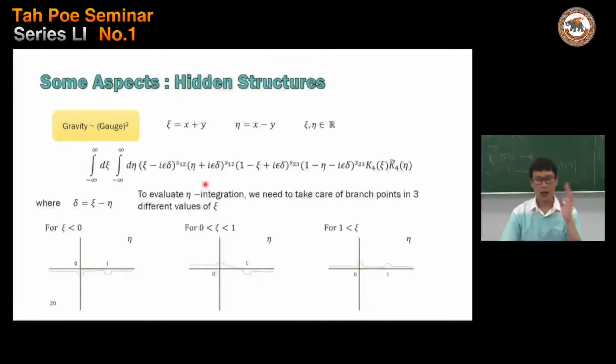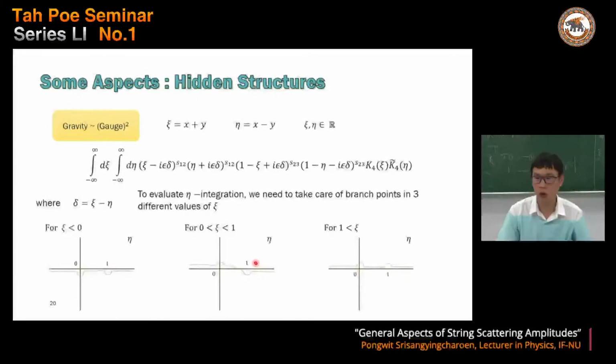Similarly, for the third region, where psi is greater than 1, the eta contour needs to be deformed in the upper half plane. For psi between 0 and 1, the contour of integration of eta needs to be deformed above and below the points 0 and 1 respectively.